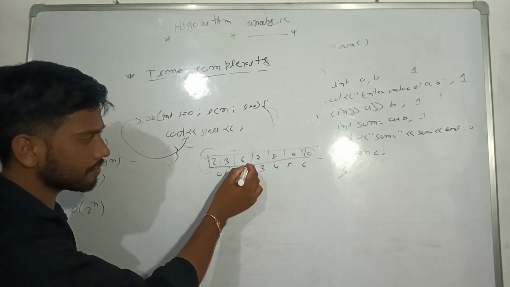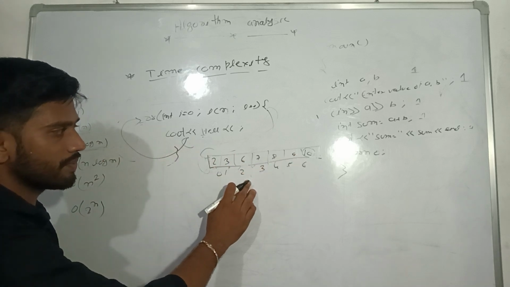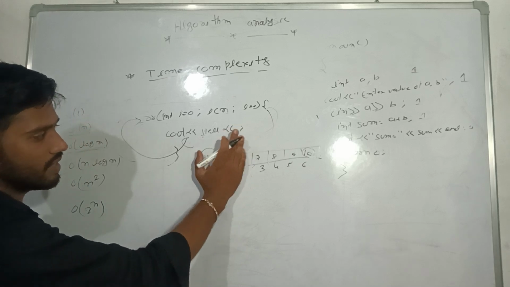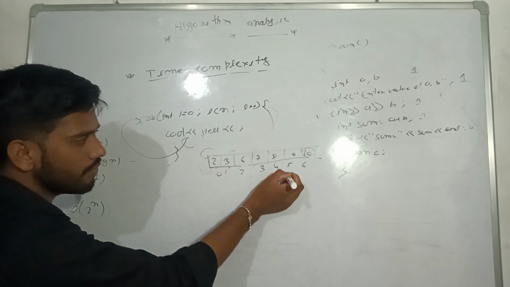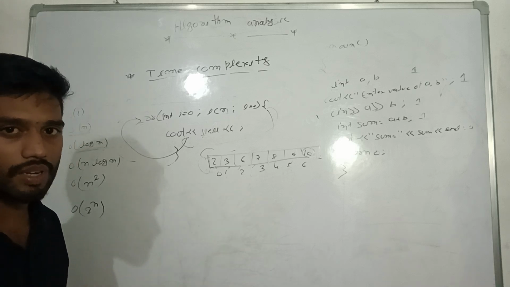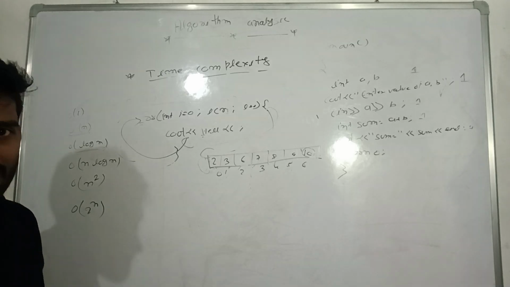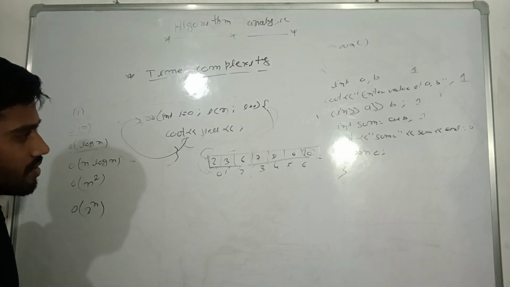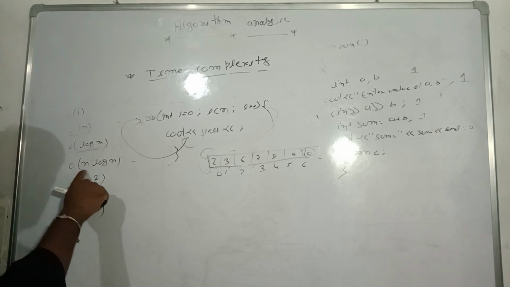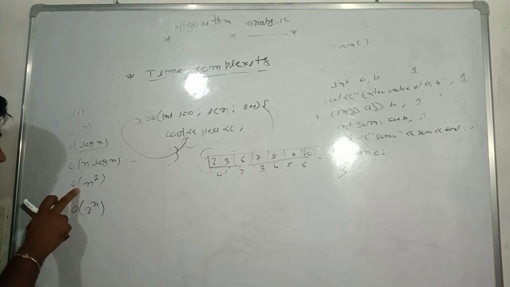If the midpoint is less than 10, then we skip the left part and only check the right part, and it will be called recursively. We will see binary search and recursion in detail, right?